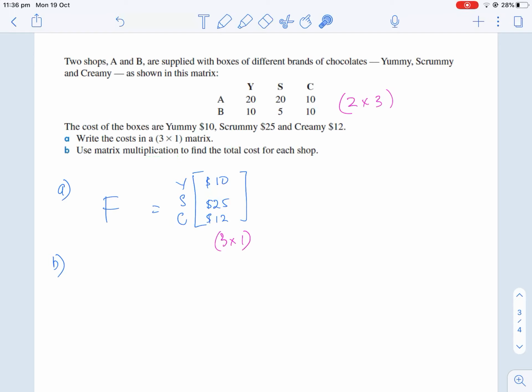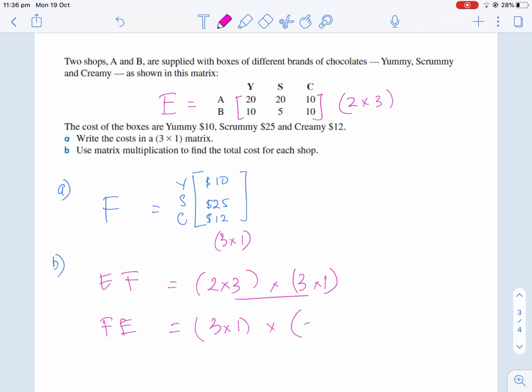So if we call this one matrix E, then E times F is going to be 2 times 3 with 3 times 1. Yeah, it is defined. However, F times E is 3 times 1 with 2 times 3. It is undefined, so we can't do this one. We have to do this one. All right, so we're going to do E times F then.